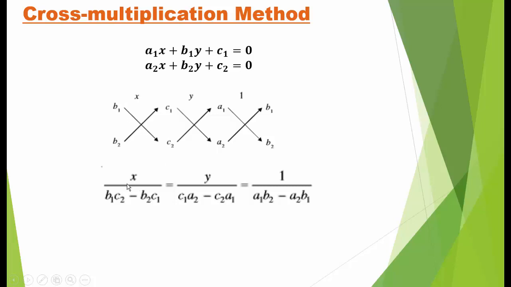In the denominator for x we have b1 c2 minus b2 c1. Similarly for y, c1 a2 minus c2 a1. And in the third term, 1 divided by a1 b2 minus a2 b1. First we compare x with the constant term and then y with it, and find the values of x and y.